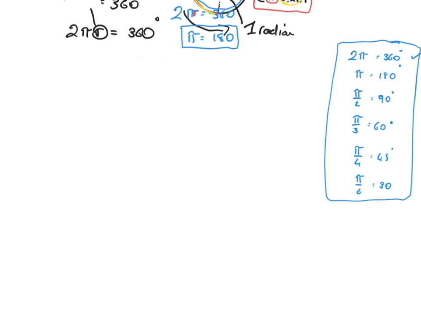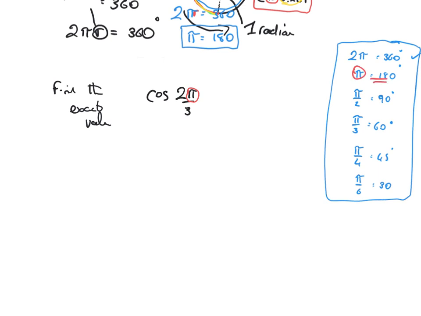Okay, now let's say I was to ask you to find cos 2 pi over 3, and I said find the exact value. Okay, so first of all, pi radians is 180 degrees.